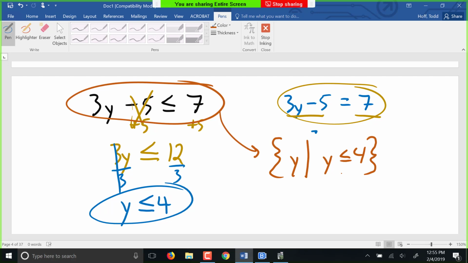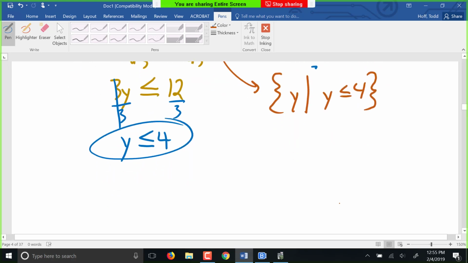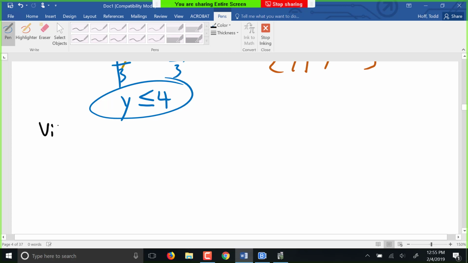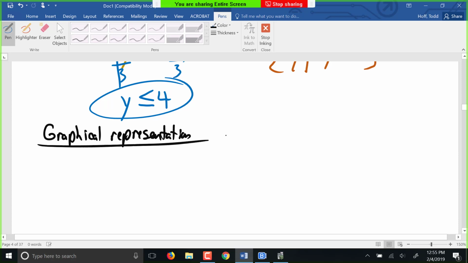Back to our visual representation of this. Referred to as a graphical representation. We can do it on the number line.